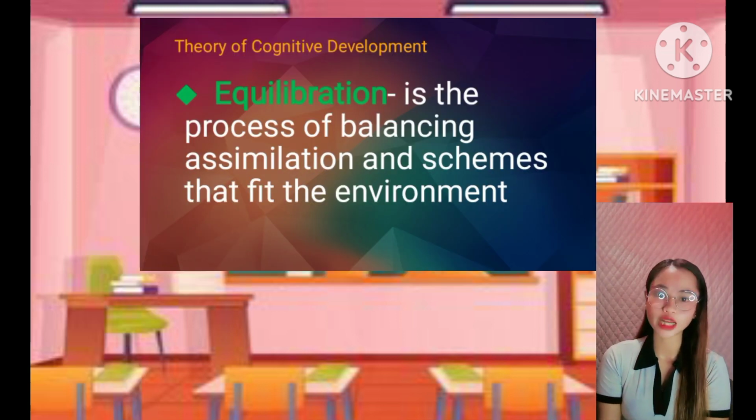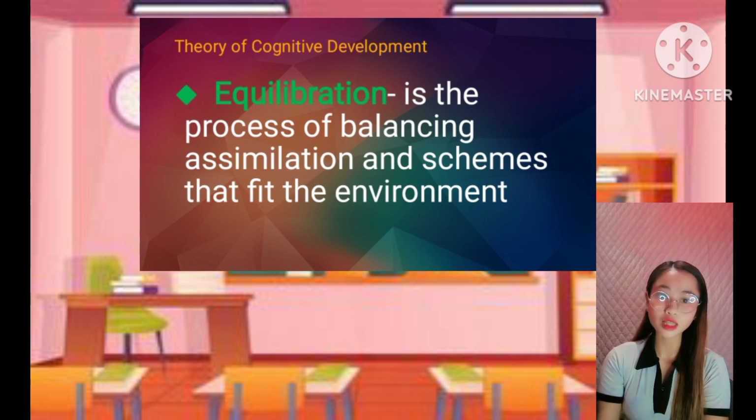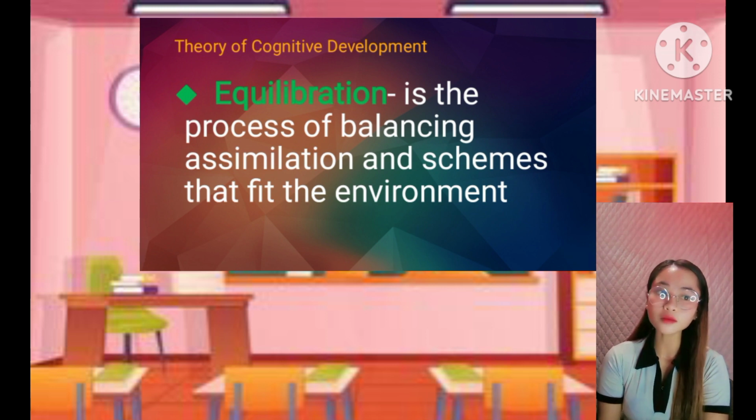Now we have equilibration. Equilibration is the process of balancing assimilation and accommodation so that schemas fit the environment. As we grow older, as we mature, we balance assimilation and accommodation in order for us to adapt actively in our environment. For example, putting something in your mouth. A child tends to put objects in the mouth.